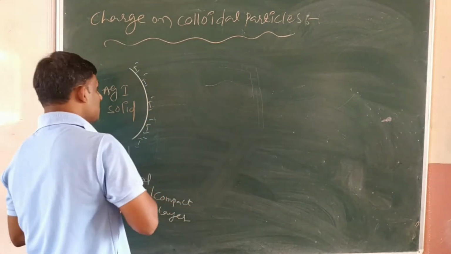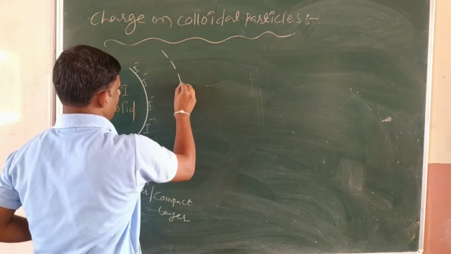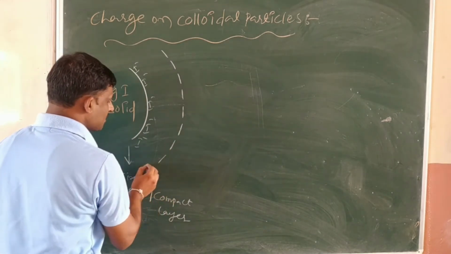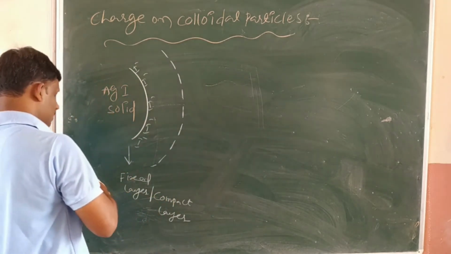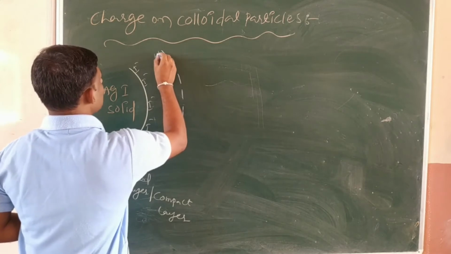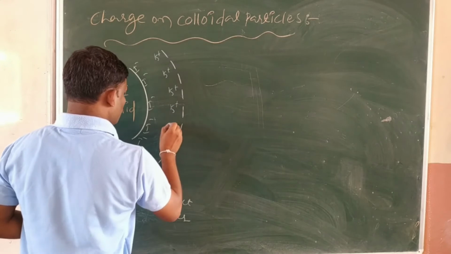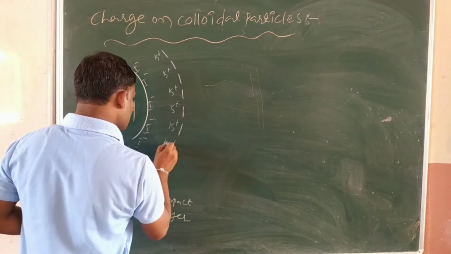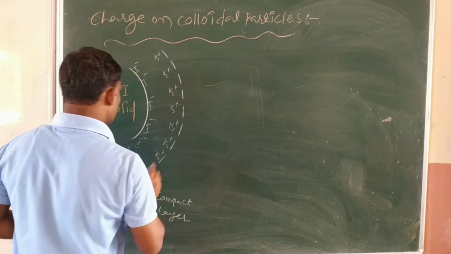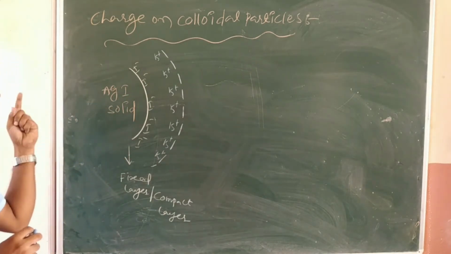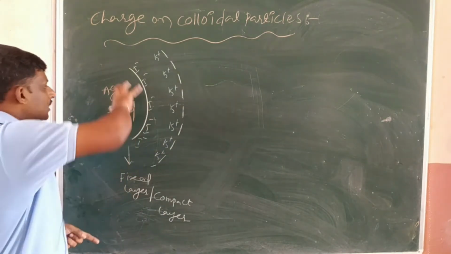Now the next layer is there. The diagram is like this only in the book. K plus ions will be there. Both layers are around the sol particles.